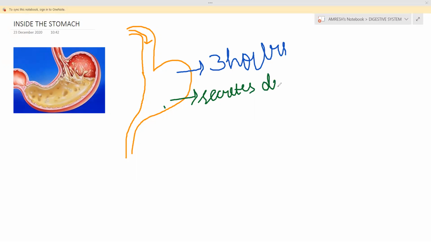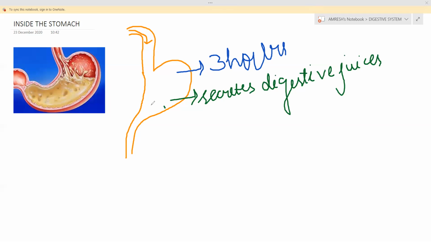And what is the function of the digestive juices? Now we will learn. One function of the stomach is to secrete digestive juices.